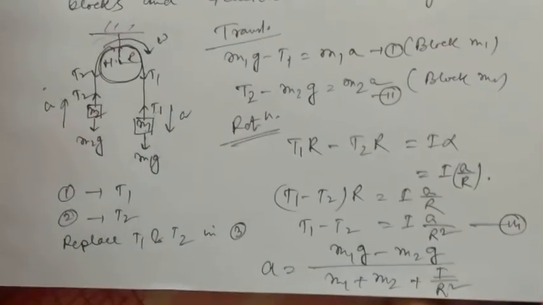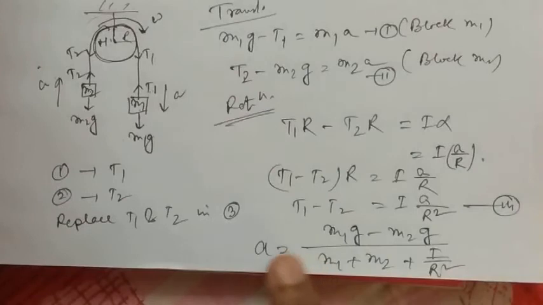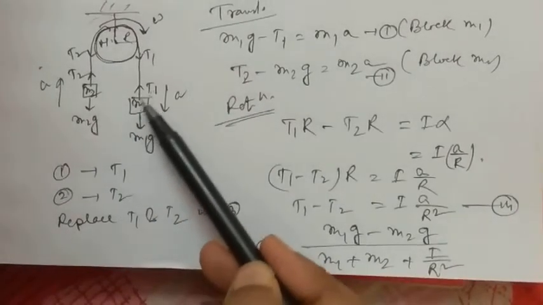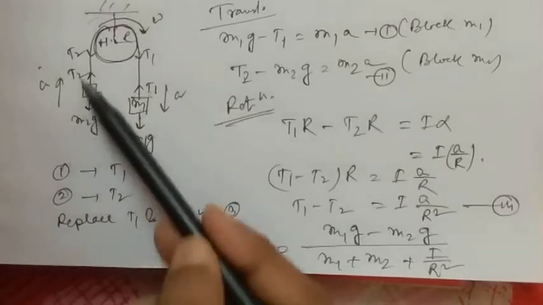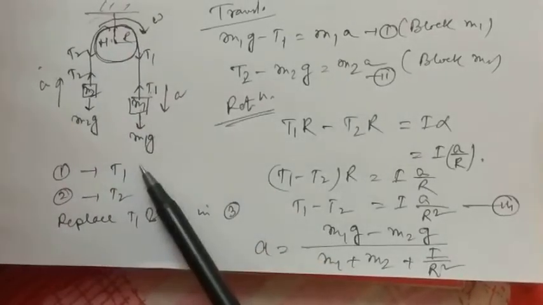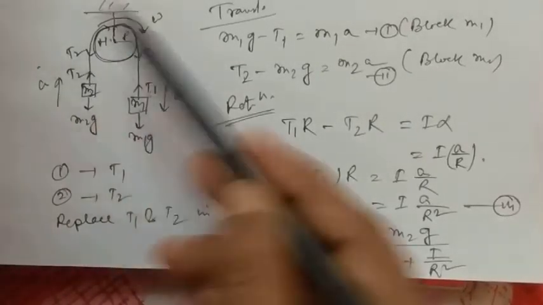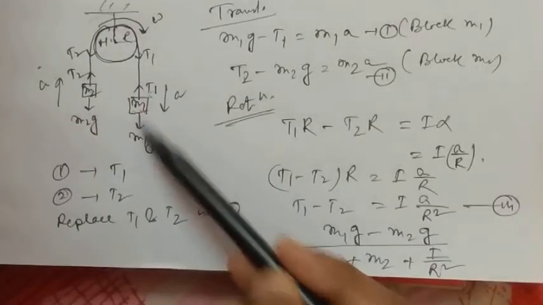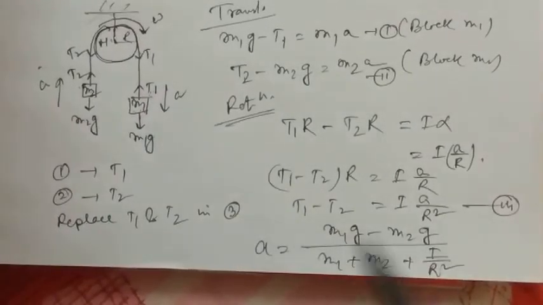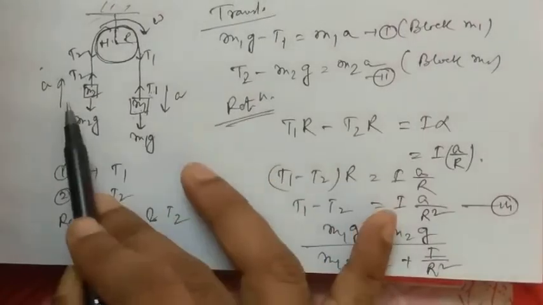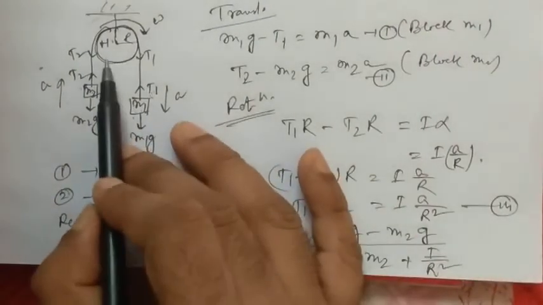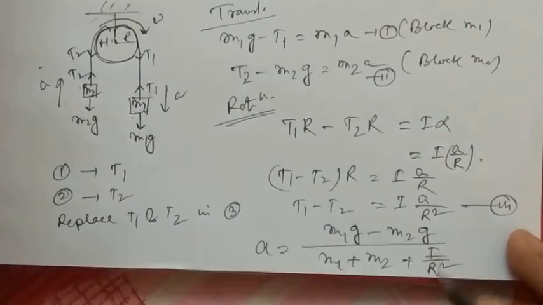For joint entrance and other examinations, we can straightforward write the value of a: the resultant linear force downward is m1g minus m2g, and a is equal to F by M. So the resultant force is here, and the total mass of the system is m1 plus m2, plus the mass of the pulley, I by R square.